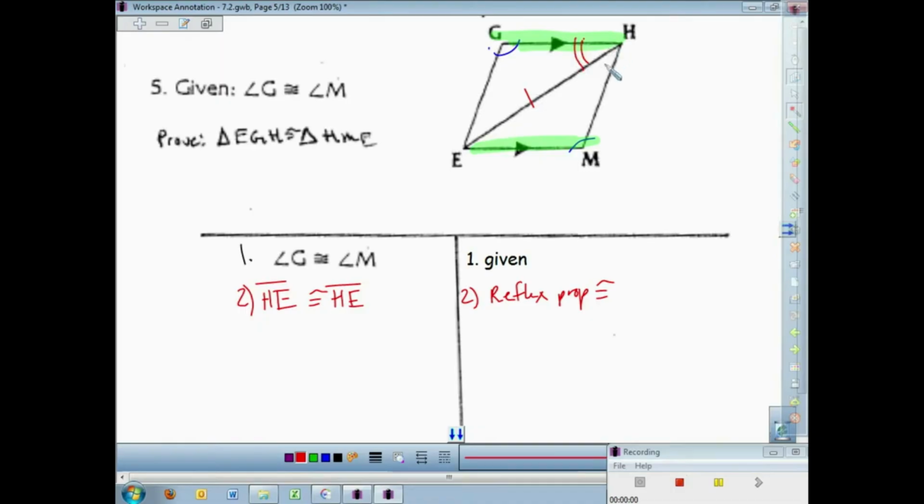So then I got to go down and make an arc mark touch this other parallel side, but yet still touch the same segment EH for a transversal. So those two angles right there are congruent to each other. So step 3, you got to call this by 3 letters. Angle GHE is congruent to angle MEH.